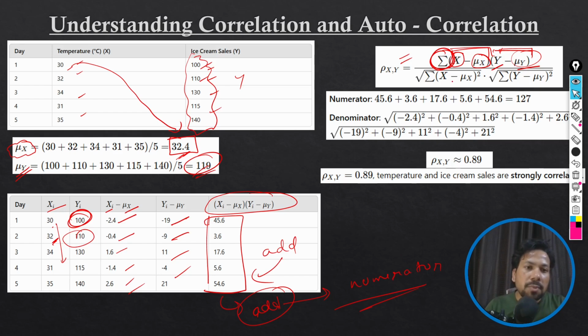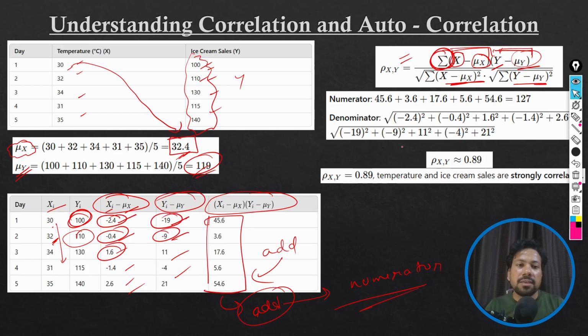Now to solve the denominator part, you have to square all these subtractions. You have to square -2.4, -0.4, 1.6. Again, you have to square -19, -9, because it is written here: x minus mu x, whole squared, and y minus mu y, whole squared. So I have done that here, and after that, I get the denominator. And then you have to divide the numerator by this denominator.